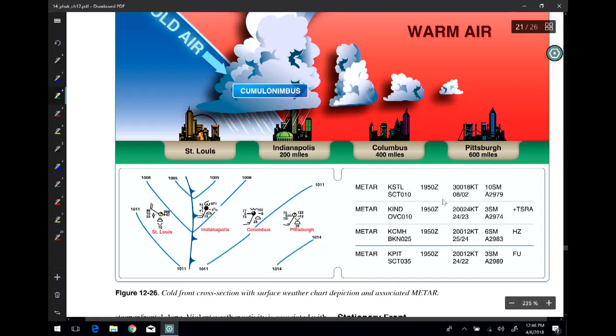The METAR stuff, again, don't worry about that. We're going to talk about that here in a minute, but this is all code for what's happening at these airports as this cold front moves through. So cold fronts, as they move through underneath a warm front, are normally the big weather producers, especially this time of year.